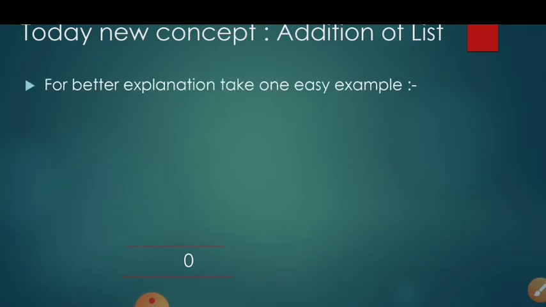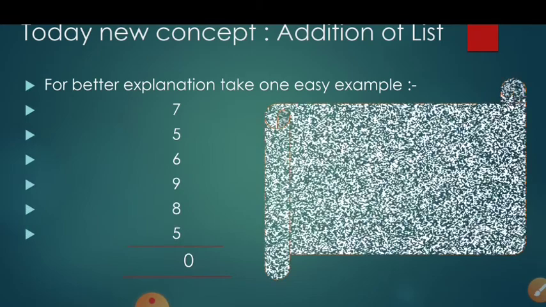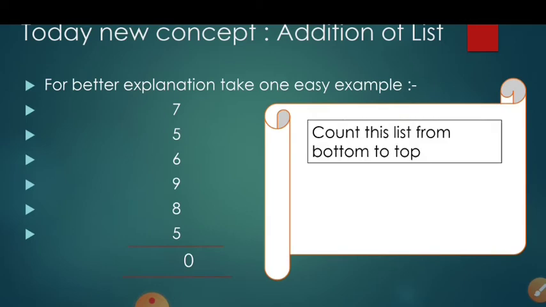Okay, let's start today's topic: how to solve single digit sums. For example, 7 plus 5 plus 6 plus 9 plus 8 plus 5. Count the list from bottom to top.